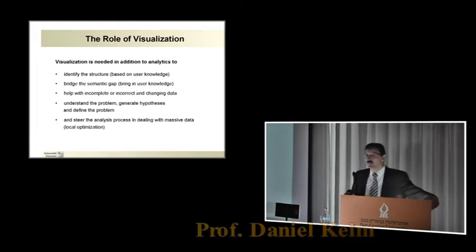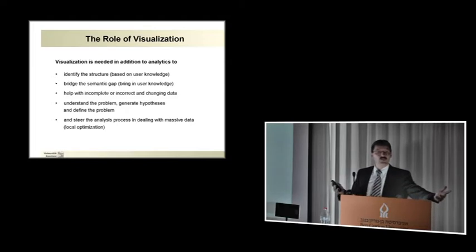Bridge the semantic gap, bring in the knowledge that is not in the computer, help with incomplete, incorrect, and changing data, and, of course, understand the problem, generate hypotheses, and define the problem in the end. Visual analytics can also help to steer the analysis process in dealing with massive data, helping you do the local optimization better than the computer can.